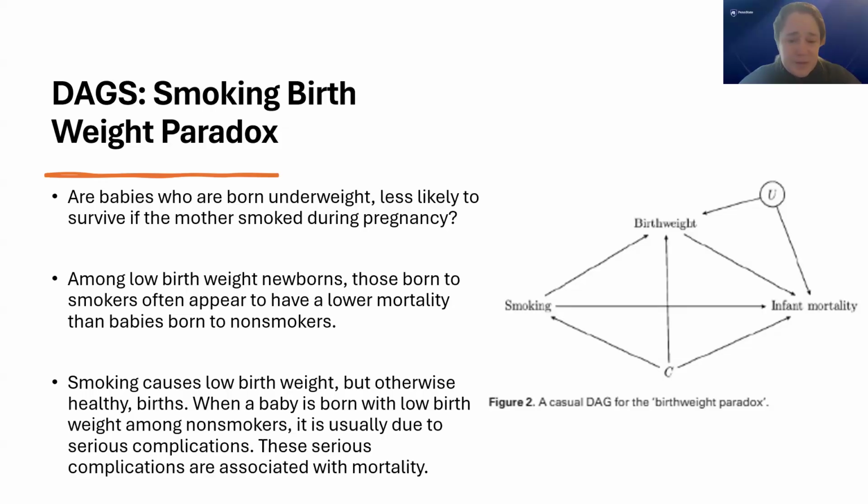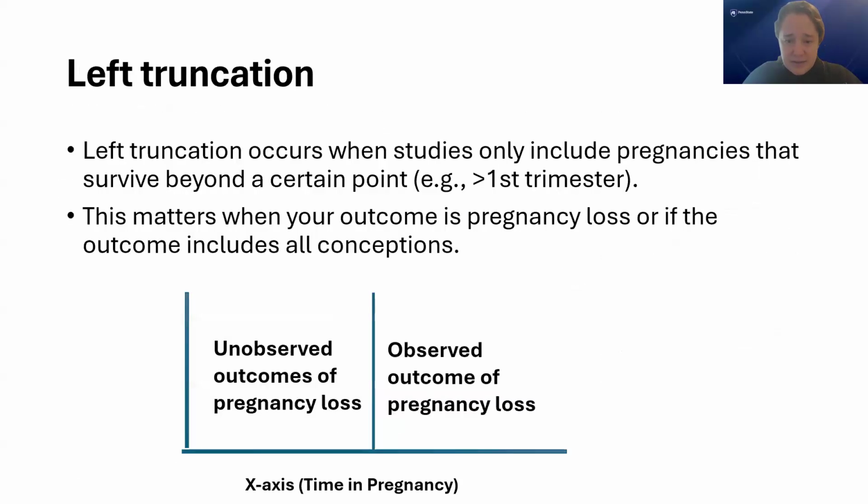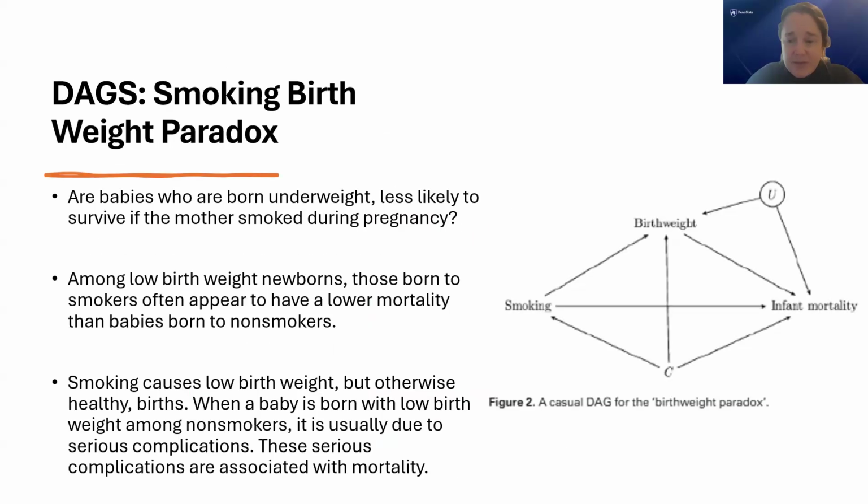And so there's been a lot of work to understand this. I was just going to point out here that smoking is associated with low birth weight, but you have these other factors here that can be impacting both birth weight and infant mortality. So these could be things like other comorbidities, it could be socioeconomic status.